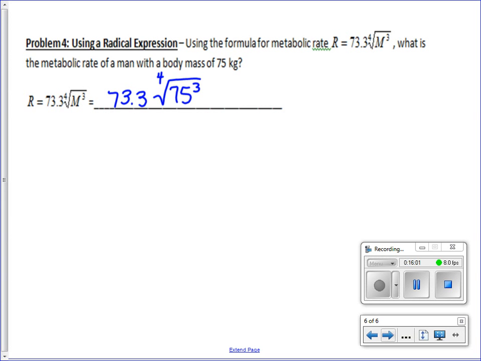Simplifying this expression, we're going to have 73.3 times 75 cubed, which we may prefer to write out as the fourth root of, well, 75 is 5 times 5 times 3, and we're going to have that 3 times.